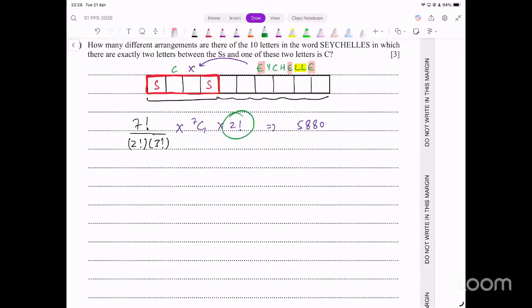This 2 factorial is for arranging the two letters that come between the two S's in these positions. X I'm using to represent whatever remaining letter comes in that position. That gives you 5880.